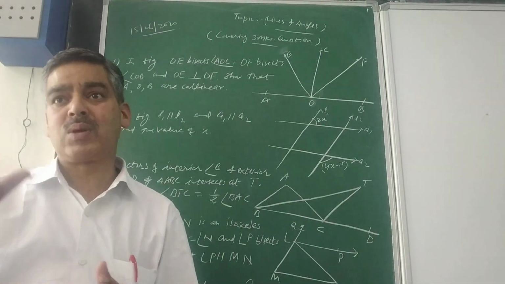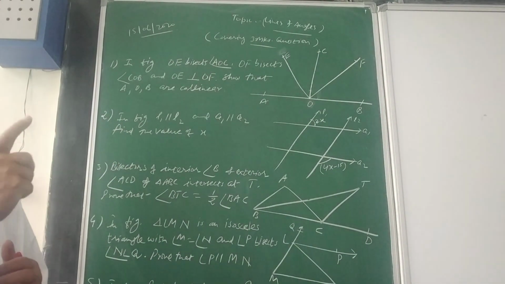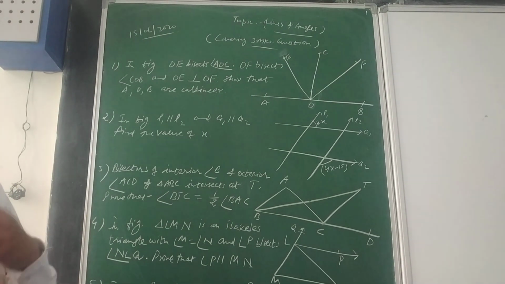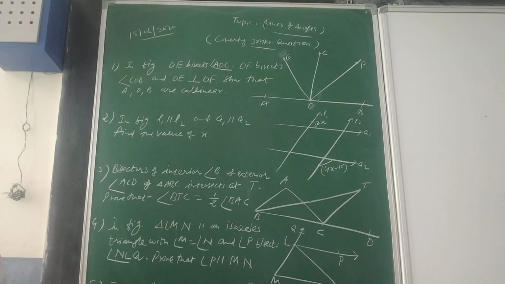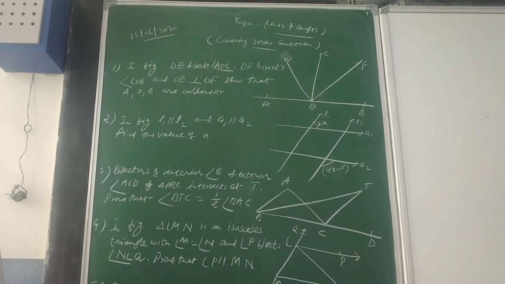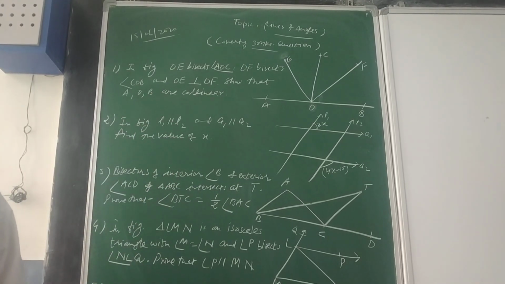Make a list of those properties. I assure you that the question will never be beyond these properties. You have to think how to apply them and how to reach the answer by using all those properties as utilities as per the conditions of the question given.